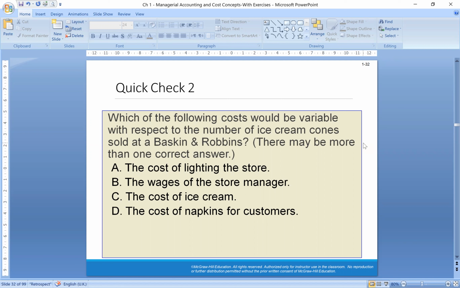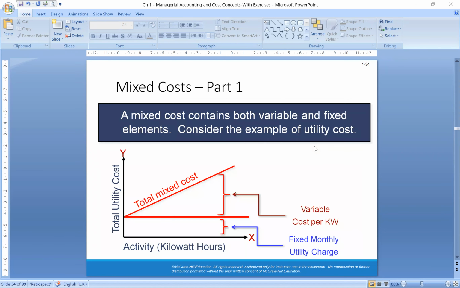Number C, the cost of ice cream, definitely it is variable because if we sell, then we have a cost for the ice cream. Number D, the cost of napkins for customers, and this is also variable. If we sell, then we will pay the napkins cost. So C and D will be variable rather than fixed.